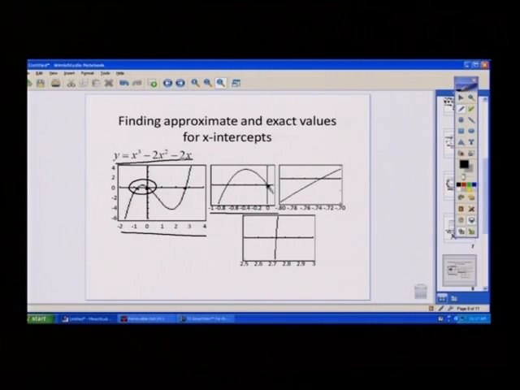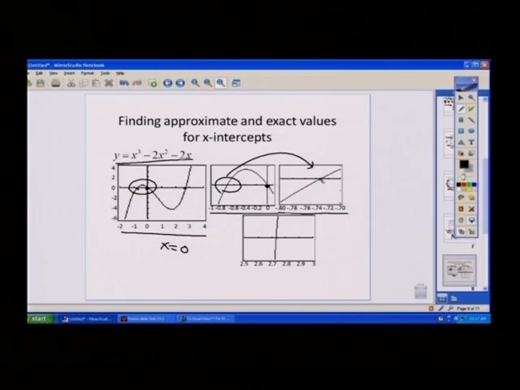It looks like one of the x-intercepts is at 0, and the other x-intercept is somewhere between -8/10 and -6/10, probably close to -7/10. So I blew up that section by changing the window, and this time this is -7/10.